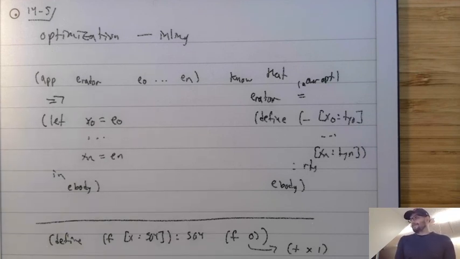Okay. The next thing that we want to do is update your Uniquify. And as I mentioned before, it can be convenient to have Uniquify happen before type checking if you want to modify the global environment.